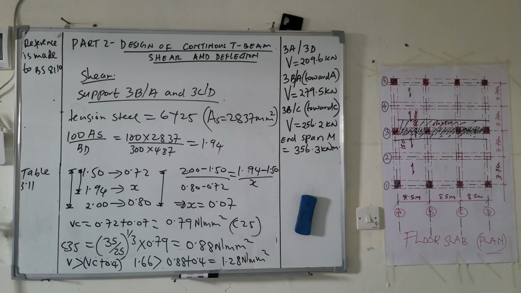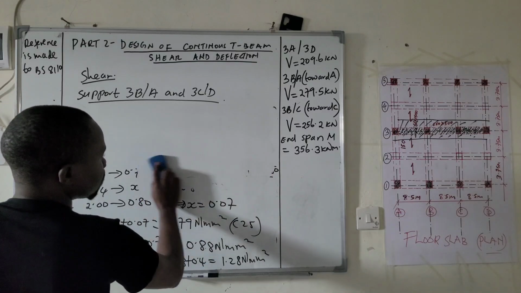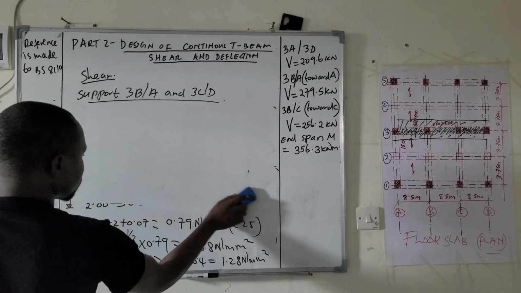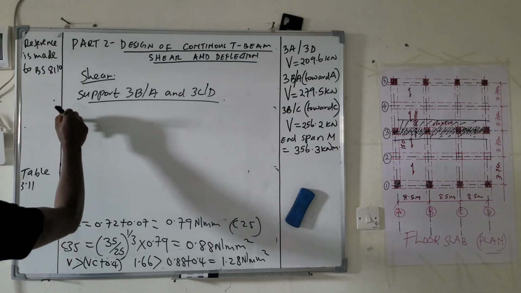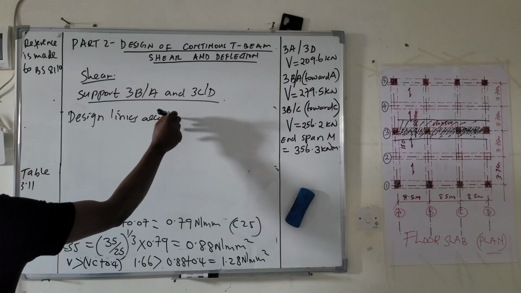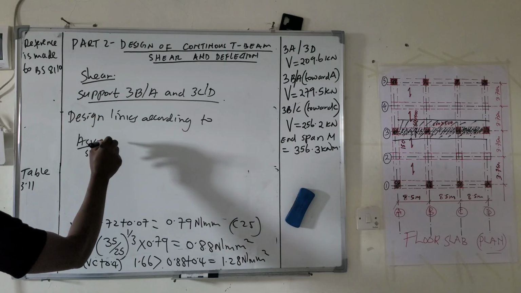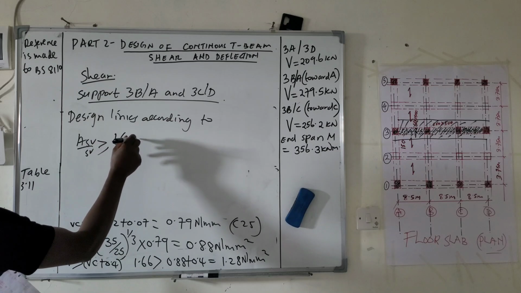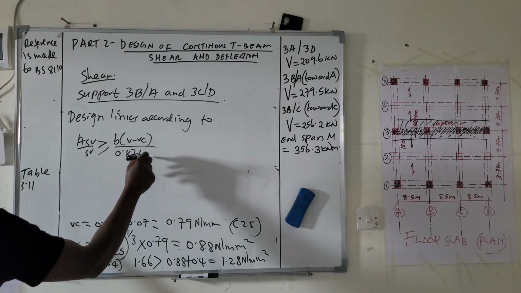You will design link according to Asv over Sv is greater or equal to b(v minus Vc) over 0.87 fyv.